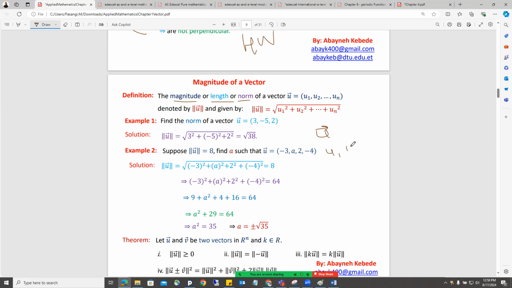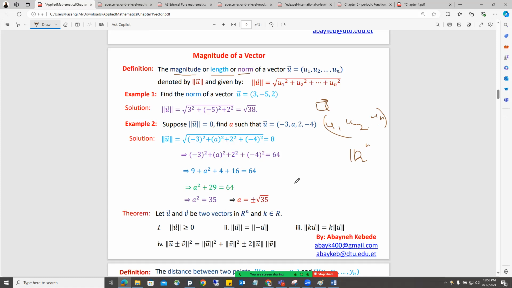So if we consider vector u as u1, u2, up to un, in R to the power of n space, then how we define the magnitude of the vector u, that is modulus u, computationally we draw two lines.